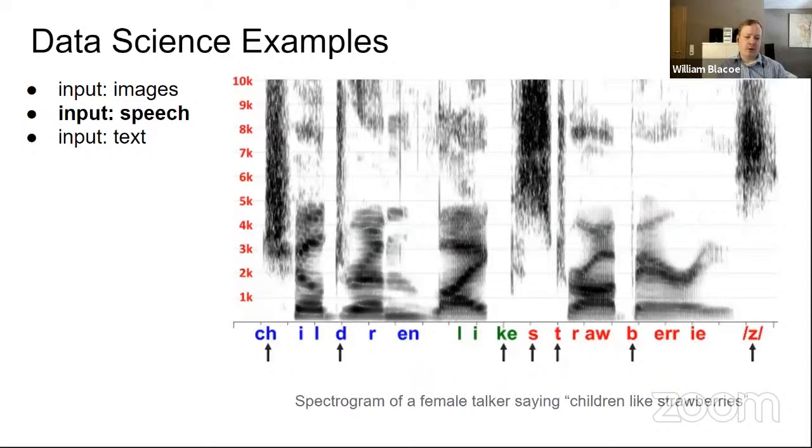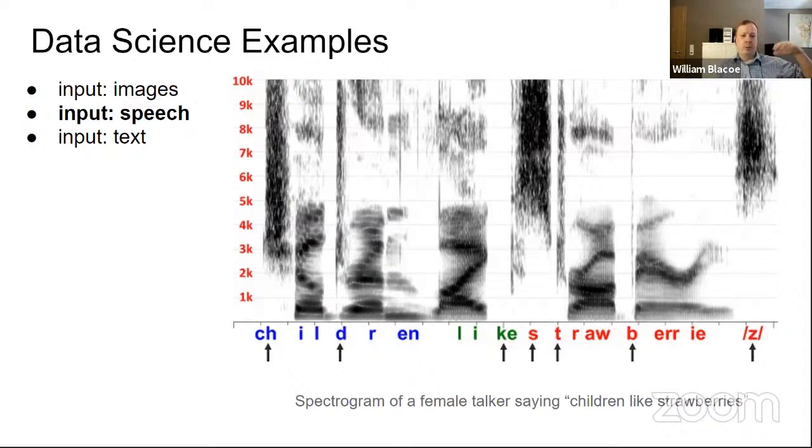Speech is not as obvious as images, but we can turn sound waves into something visible like this spectrogram. And then you will see that, well, you can already tell some differences. For example, I should say this is not the frequency pattern that you're used to from a sound wave.